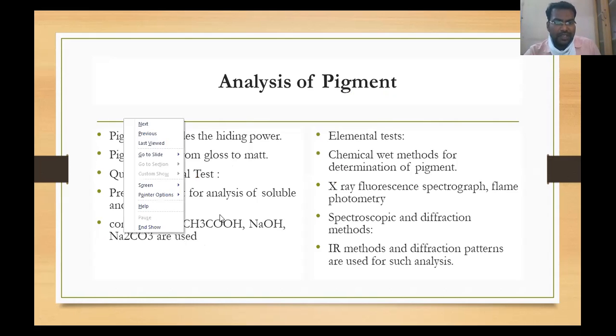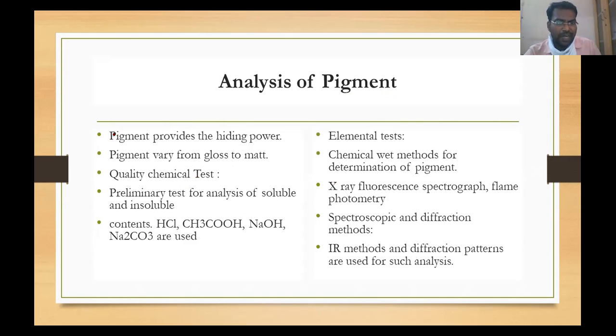So basically this analysis of the pigment provides you the hiding power. किस तरीके से हम लोग हाइड कर सकते हैं जो वॉल के ऊपर जो भी डार्कनेस होगा, जो भी स्पॉट्स होंगे, मार्क्स होंगे, स्क्रैचेस होगा. So all these properties can be hidden with the help of these pigments.